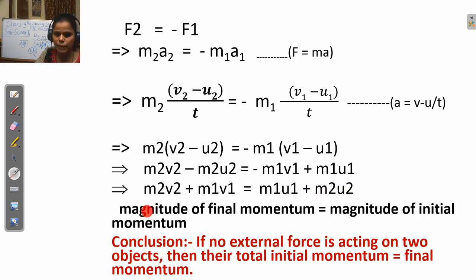That means the magnitude of the final momentum equals the magnitude of the initial momentum.